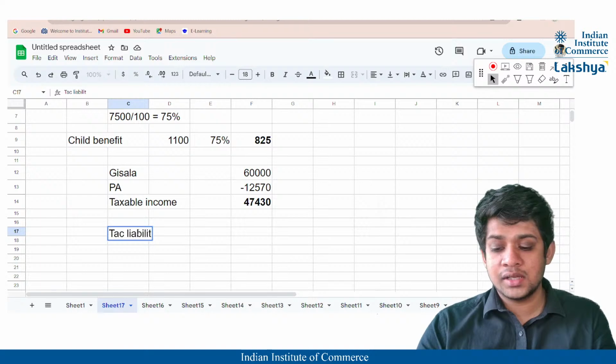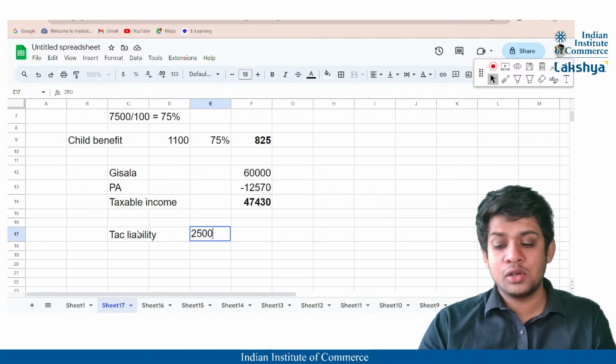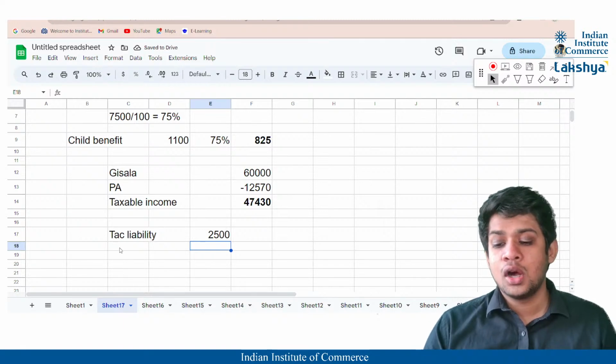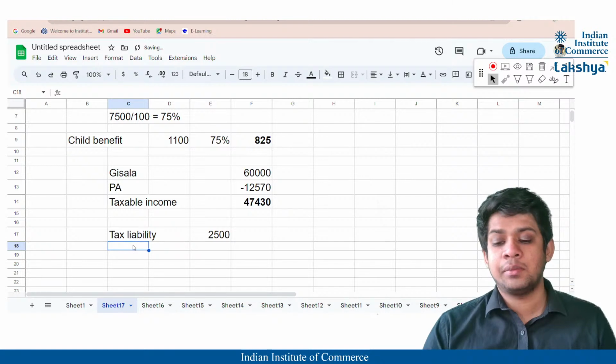But always remember guys that the band is extended by not the net amount but the gross amount. So the band will be extended by 2,500, because that is the gross amount of the Gift Aid donation that she has made.